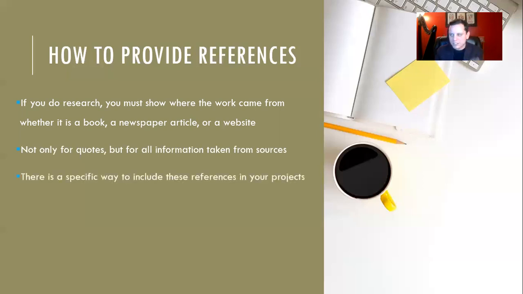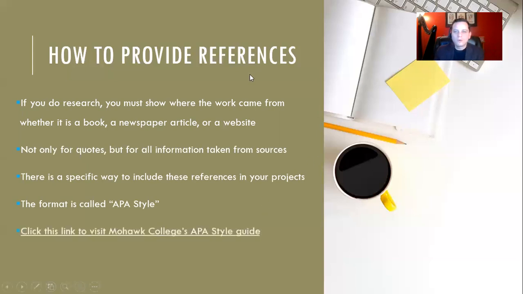And there's a specific way to do it, and it's called APA style. And every class at Mohawk, you'll use APA style references. So there will be a link to the APA style guide on Canvas under the research paper module. Or if it's easier for you, if you've already downloaded this lesson, this PowerPoint, you can go in here and click that link and it'll bring you to the same spot.